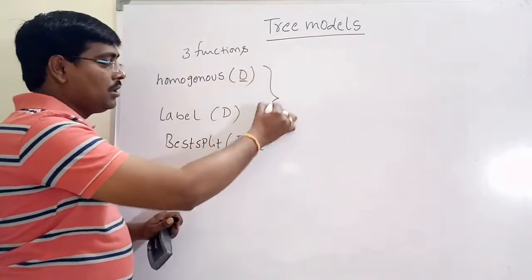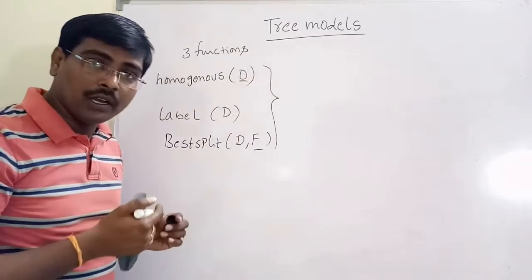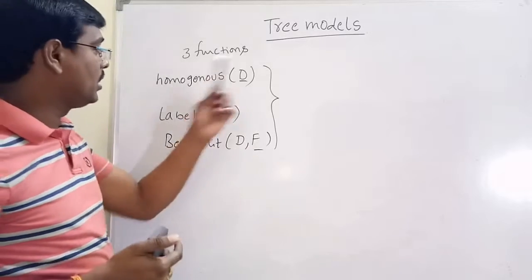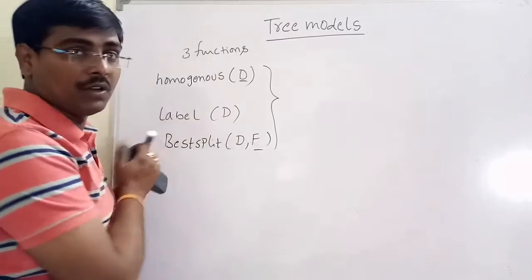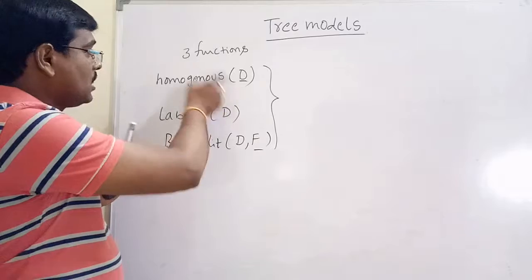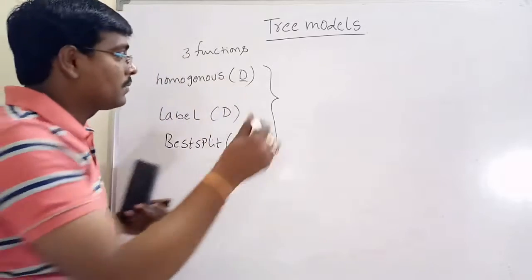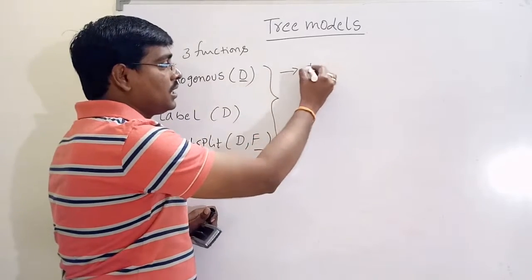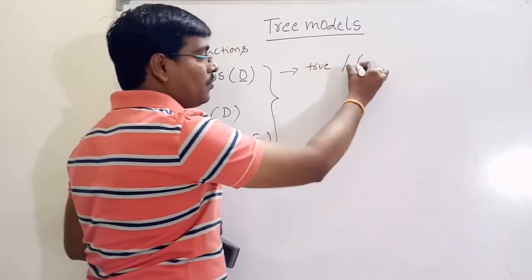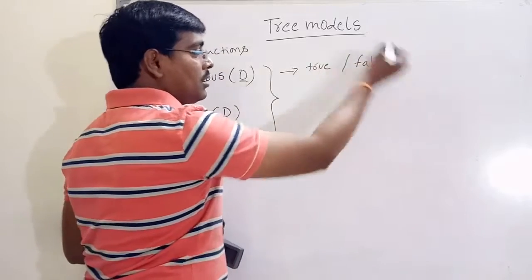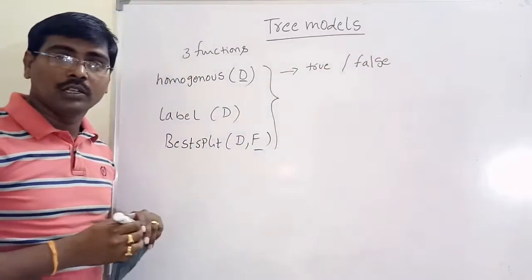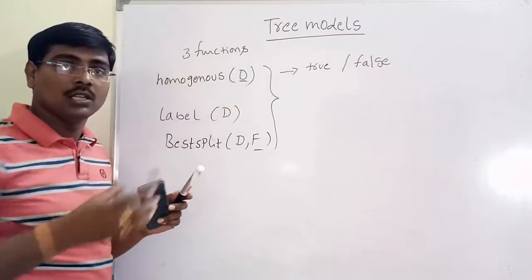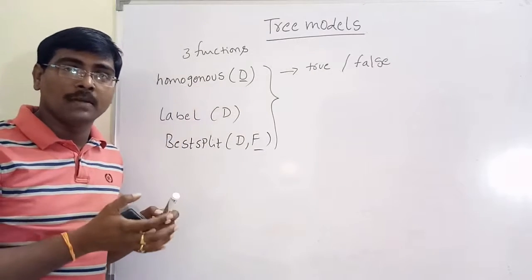What is the meaning of these three functions? Any tree learning model uses these functions. For example, consider Homogeneous. The result is either true or false. Everyone knows what homogeneous is. Homogeneous means the same.